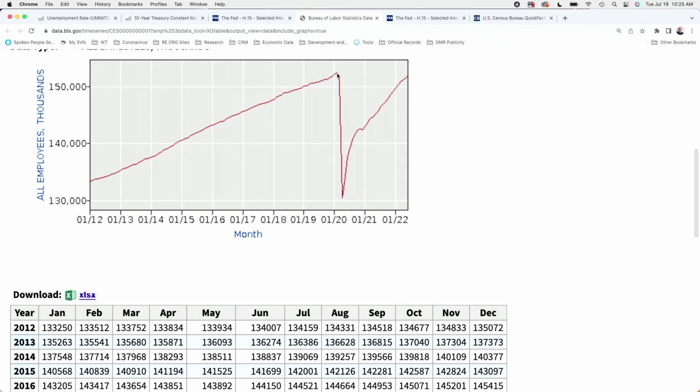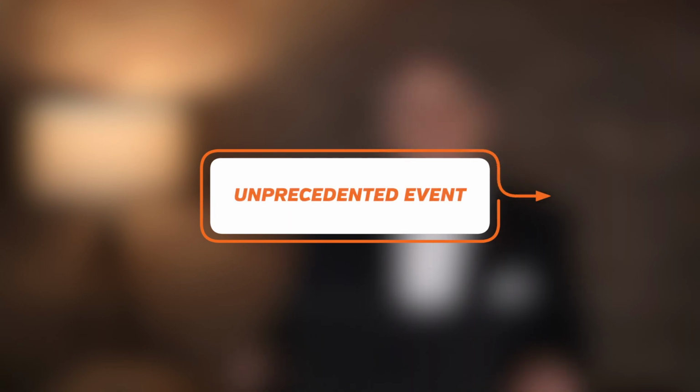In February of 2020, we were at a peak, and then there was this precipitous decline. This, frankly, is what the market calls an unprecedented event. It has never happened to this magnitude before. And so we need to take this into account when we're examining some of the economic indicators and what's going to happen, because never before were we facing something like this.